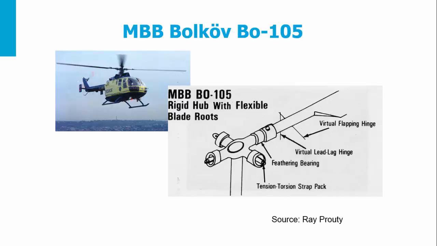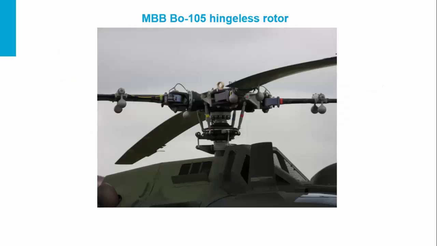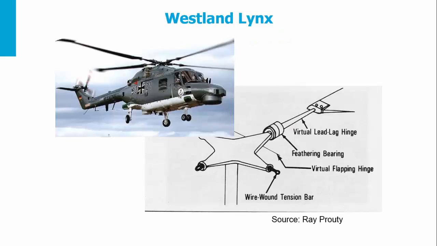So the rigid hub, you see actually the virtual flapping hinge, the virtual lead-lag hinge, and only the feathering bearing is here. And this is the full rotor hub of the BO-105. The Lynx helicopter is also a hingeless rotor, and it requires dampers in this case to prevent the ground resonance.